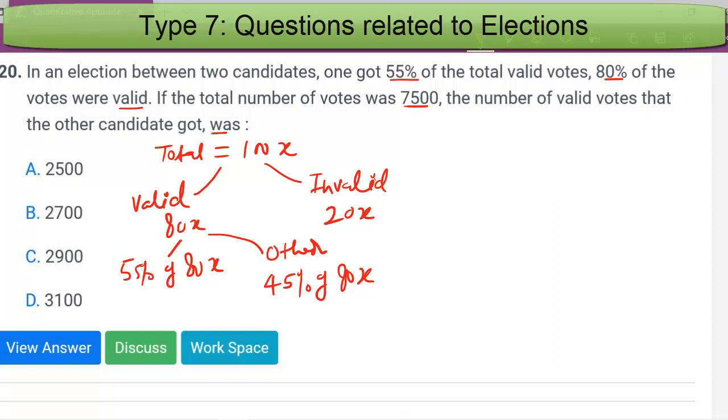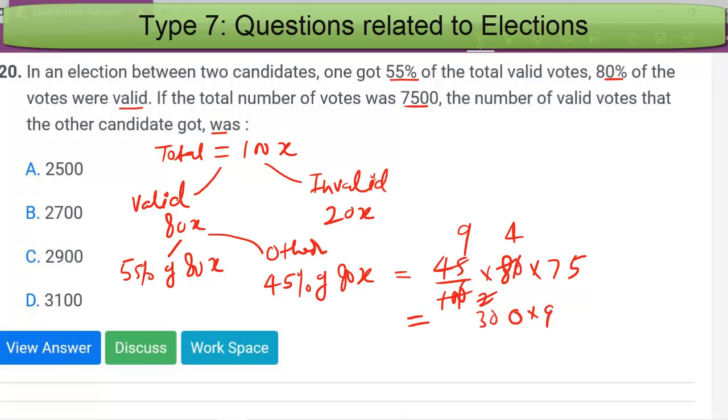So directly I can write 45% of 80x, that is 45 by 100 multiplied by 80, and the value of x we already know is 75. So this will cancel out, and with a simple calculation, 300 into 9, which is 2700.